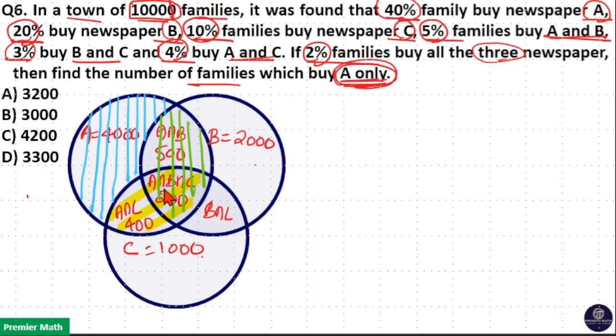That is, when you add this 500 and 400, you are adding this 200 2 times.